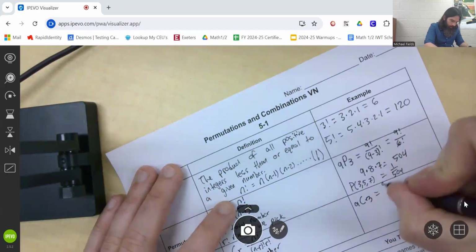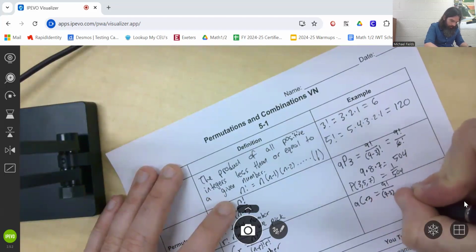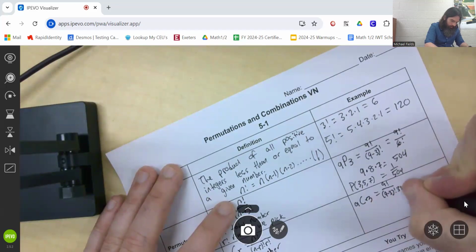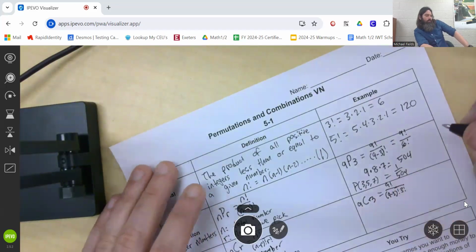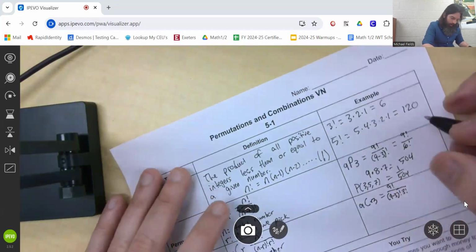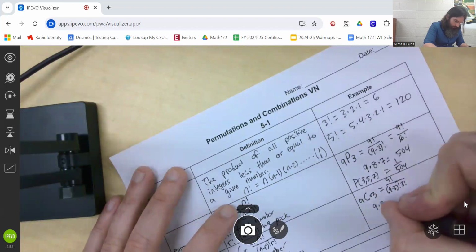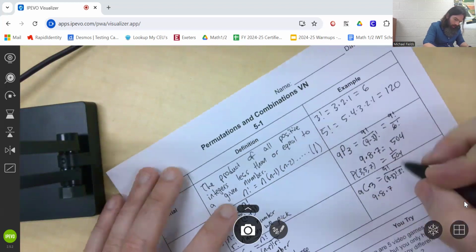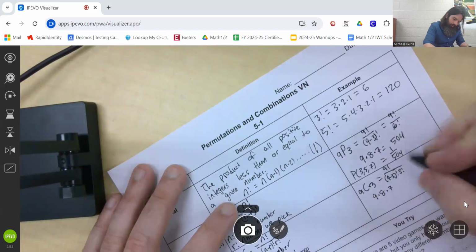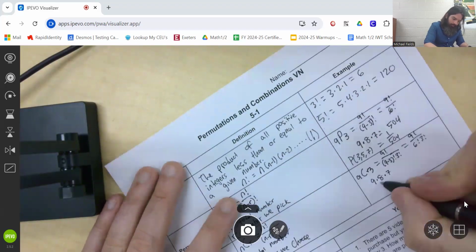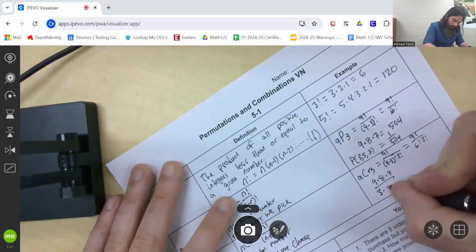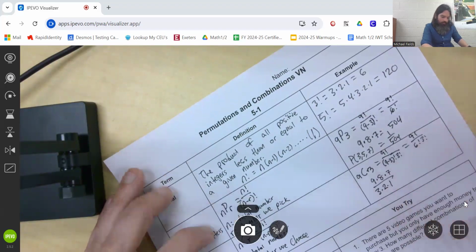And that's 9 factorial over 9 minus 3 factorial times 3 factorial. Okay, so again, we have 9 times 8 times 7 because the 6 factorial comes out of the 9 factorial, but we still have a 3 factorial. So this is divided by 3 times 2 times 1.